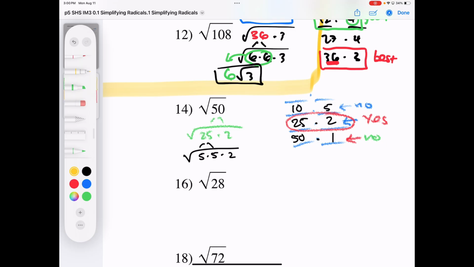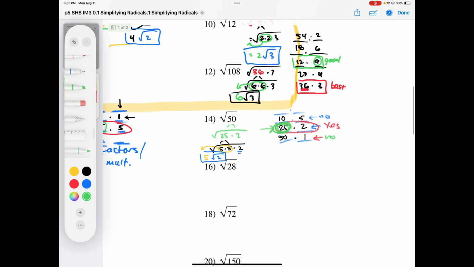What am I going to circle, class? Okay. Should I write 2 5s out here? How many? So 5 what? Radical 2 is your answer. So far you know to pick the best one is with the largest perfect square.